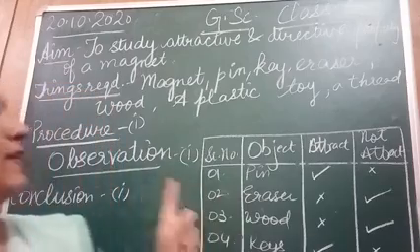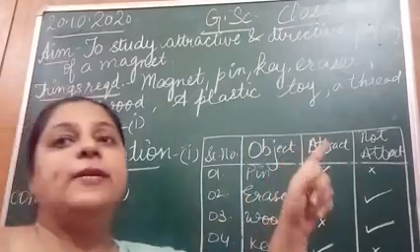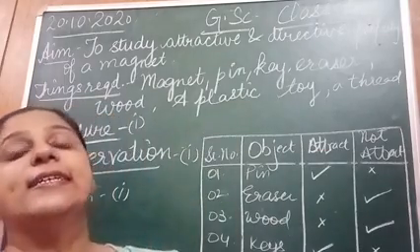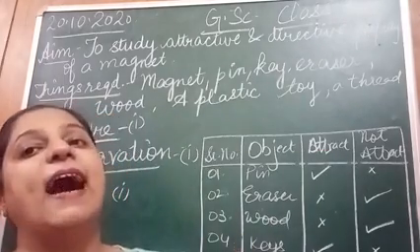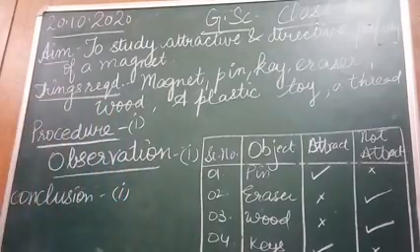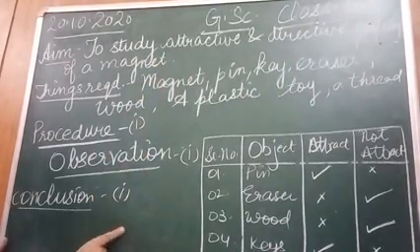Right? So this is known as the attractive property. What is attractive property? That magnet has a capability to attract certain kinds of materials like iron, cobalt and nickel. So this was the first part. First property we have explained.